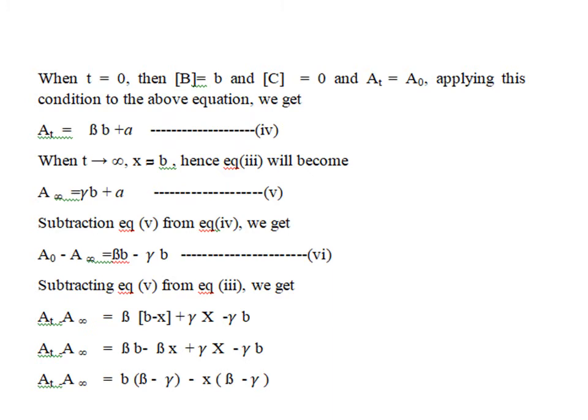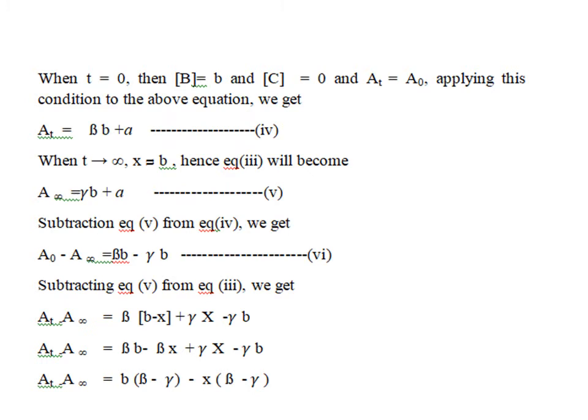once again, when t is equal to 0, then the concentration of B is equal to B and the concentration of C is equal to 0, and absorbance at any time t is equal to A0. That is the absorbance at the start, the initial condition.